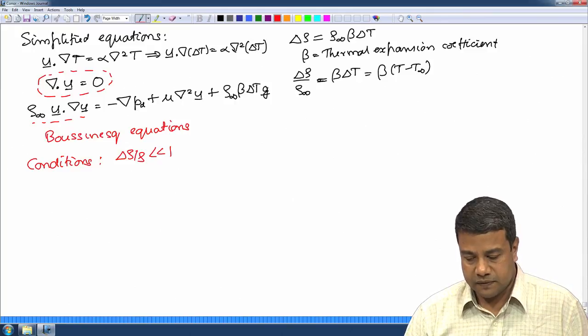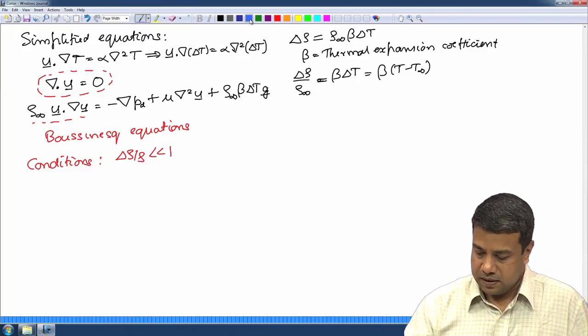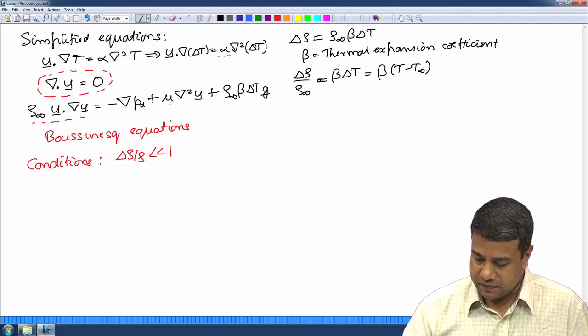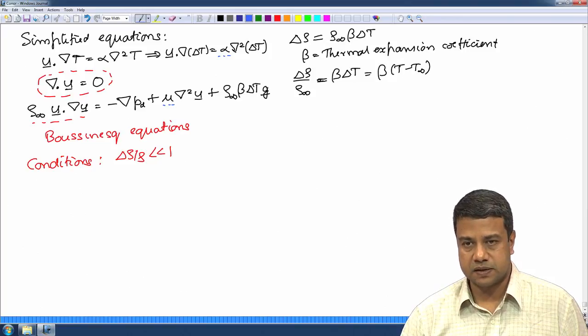I have also made further assumptions which I did not explicitly state. In these equations, the assumptions are that the viscosity and the thermal diffusivity are independent of position or independent of temperature, because temperature is varying with position.